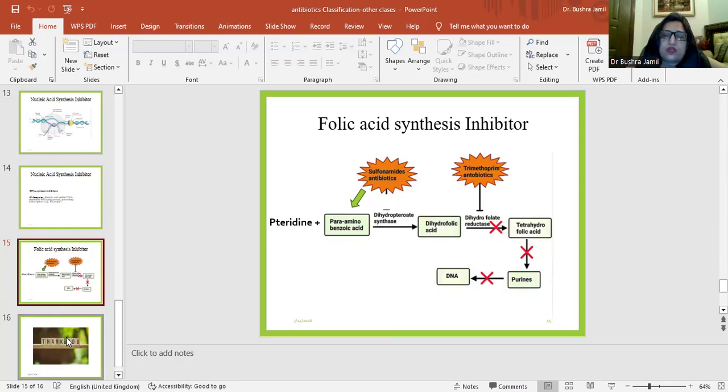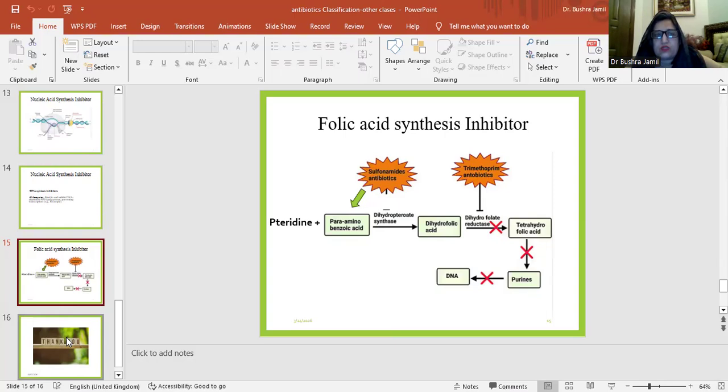So just a brief overview. Antibiotics are broadly classified into 5 different groups according to their mechanism of action. Cell wall synthesis inhibitors act on the bacterial cell wall, then cell membrane agents interfere with the cell membrane, then protein synthesis inhibitors, nucleic acid synthesis inhibitors, and then antimetabolites. All these different categories of antibiotic act on different targets and kill the bacteria.